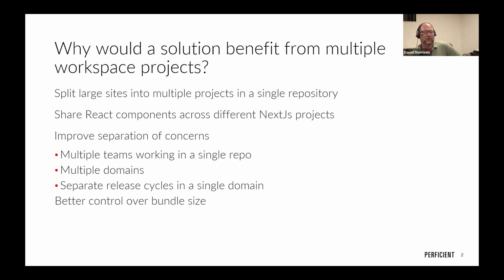It also allows you to cater to multiple domains in a single repo. So if you have siteA.com, siteB.com, siteC.com, and they're all wildly different, workspaces can bring a lot of advantages there.